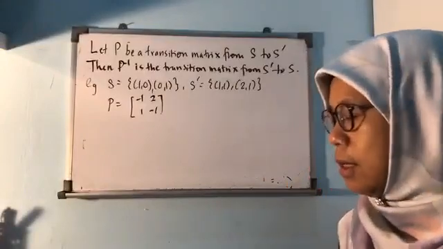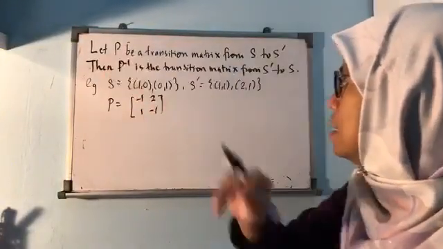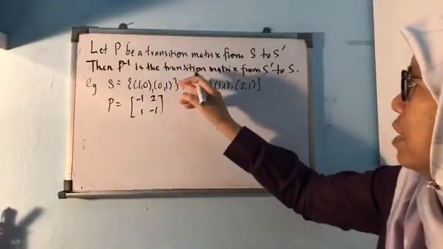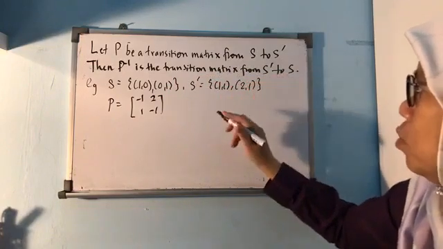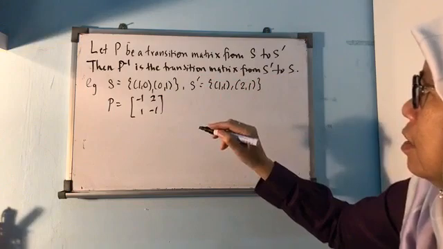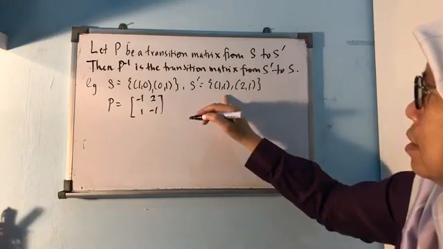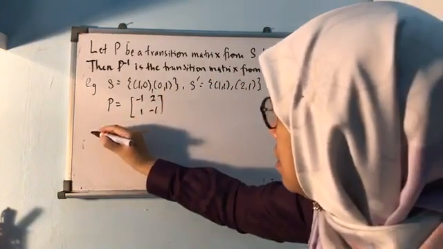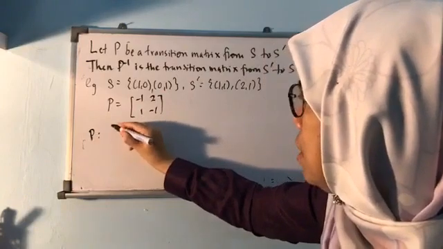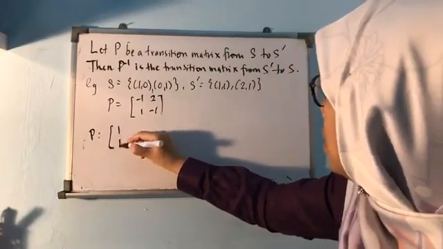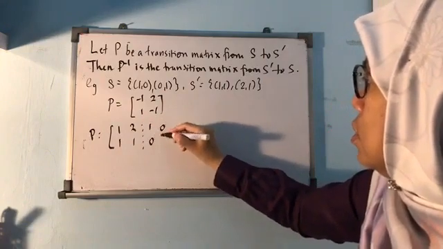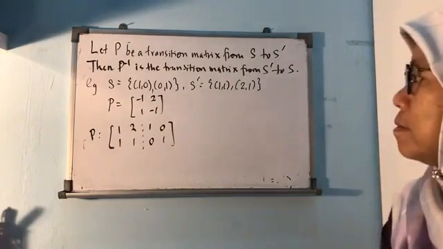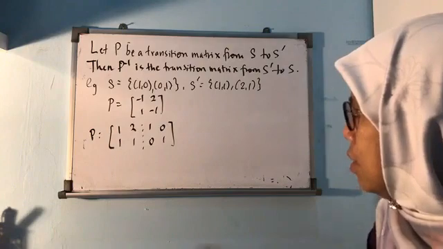Before using this theorem, we can also find the transition matrix from S prime to S. Earlier, this is how we get P, right? We put 1 1 2 1, and we put 1 0 0 1, and then we reduce.